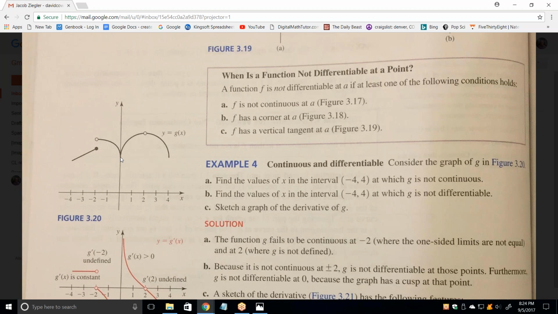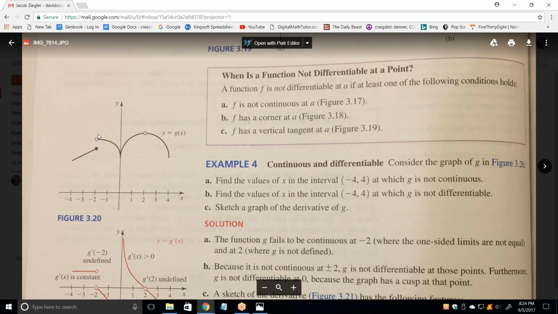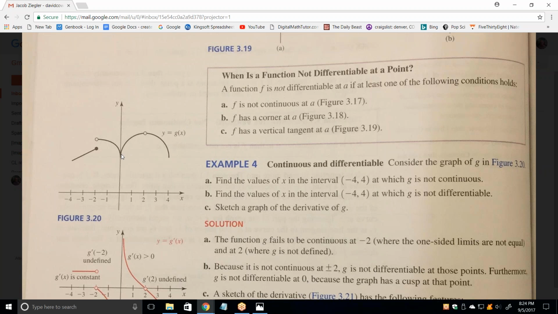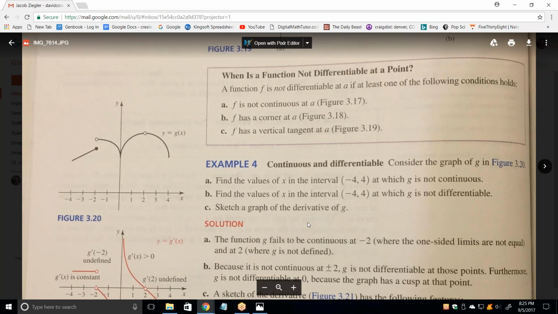There is a more mathematical definition, but we won't worry about that now. That's the layman's definition of continuity. Well, I cannot draw that point without lifting my pencil, and I can't draw this point, but I can draw that cusp without picking up my pencil. So it's continuous, but it's not differentiable.